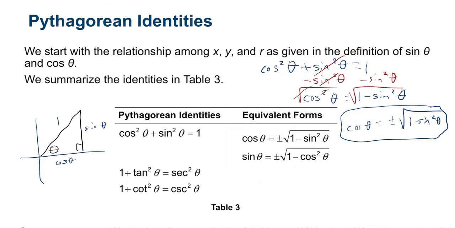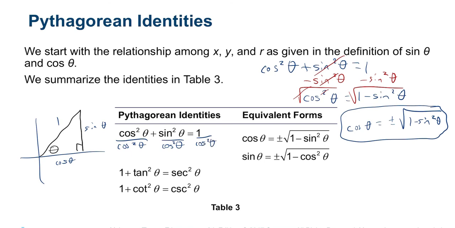And then these other two come from, well, once you have this Pythagorean identity, you can always divide both sides of the equation by cosine squared. So if you do that, let's see what happens there. Cosine squared all the way through.